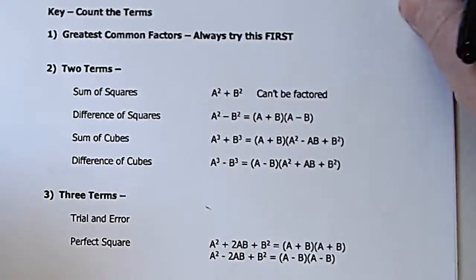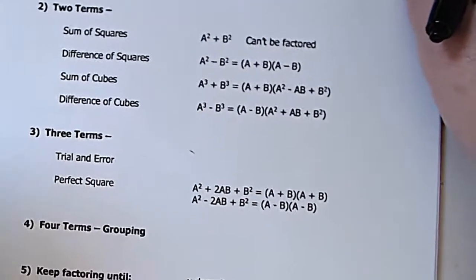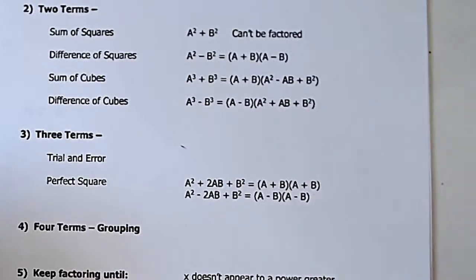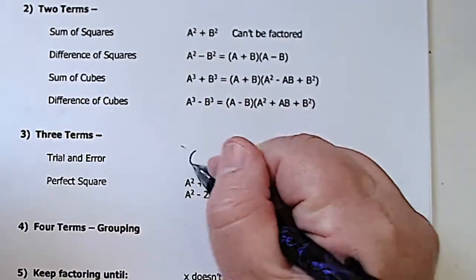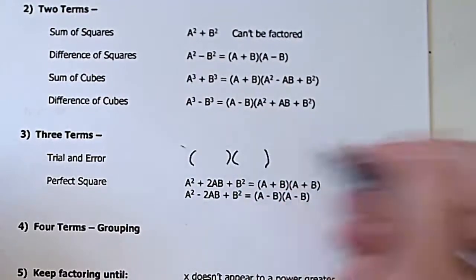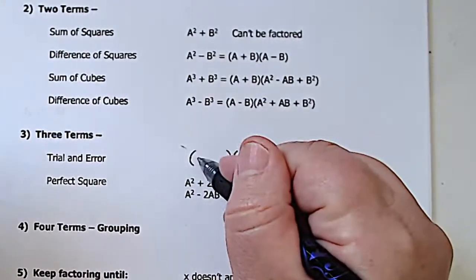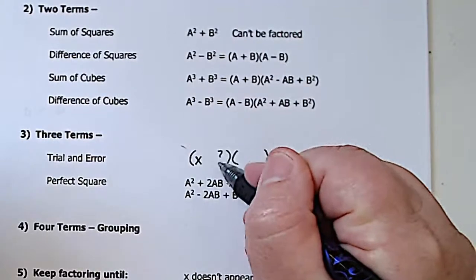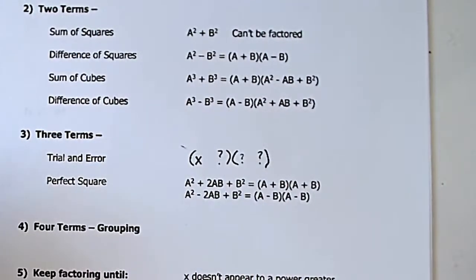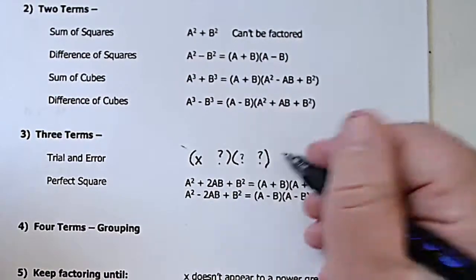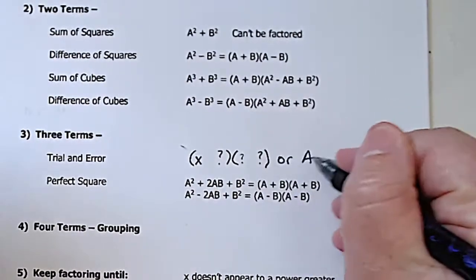What happens if there are three terms? Well, if there are three terms, we're looking at a trinomial. Either you're using trial and error, that's this one, where we say, okay, if there's an x here and a question mark here and a question mark here, you try to figure out what goes into all the spots. Or you could be using the AC method.